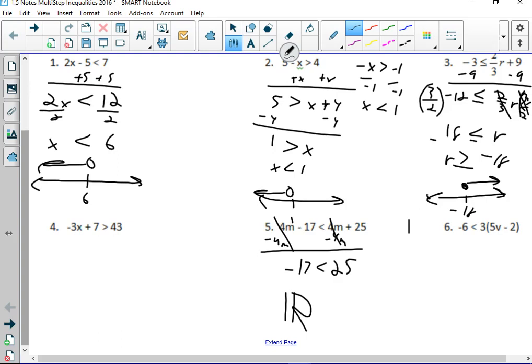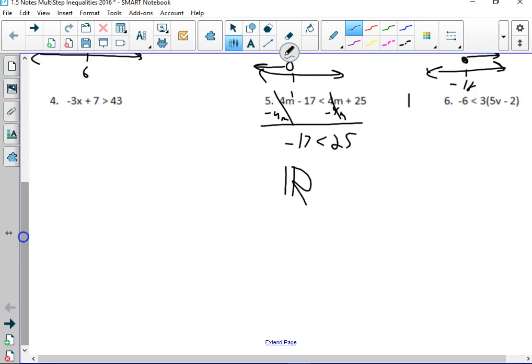Okay, number 6 has a distributive property to go on. So over here, I have -6 less than, I have to send this 3 in. 15v minus 6, not minus 2. Now I'm going to add 6 to both sides.